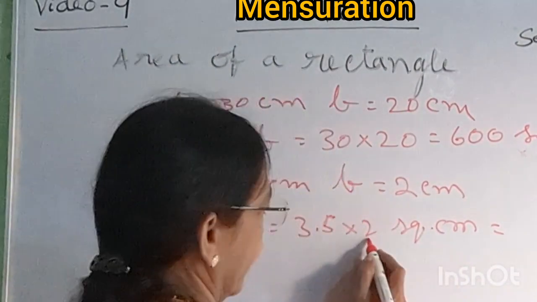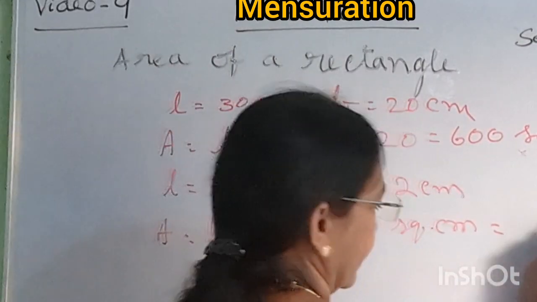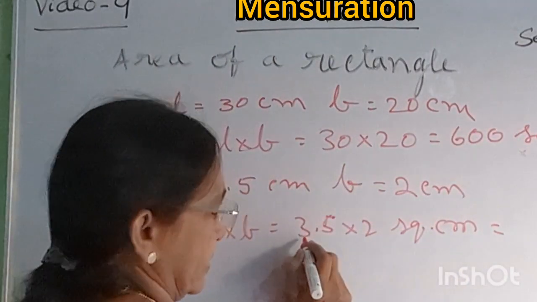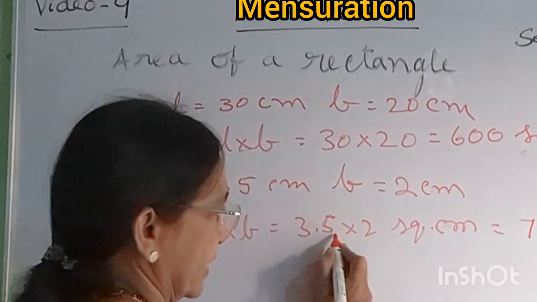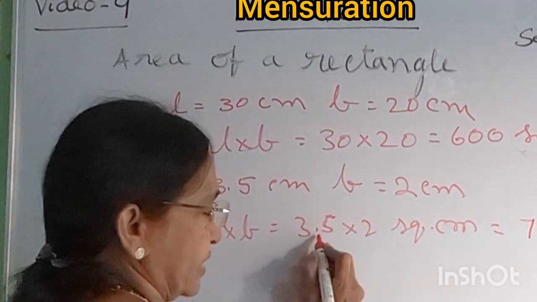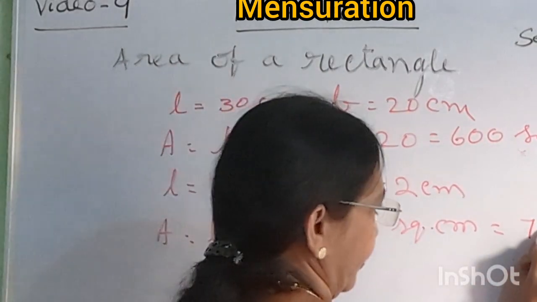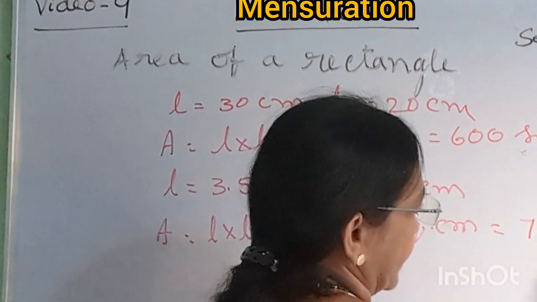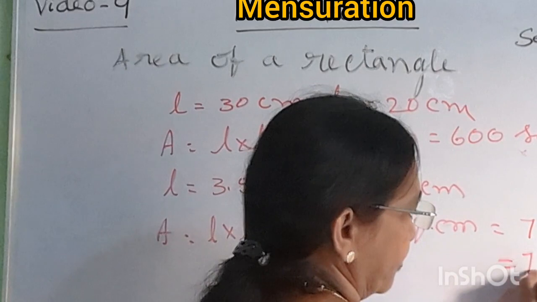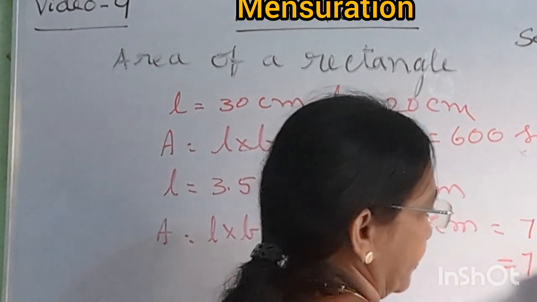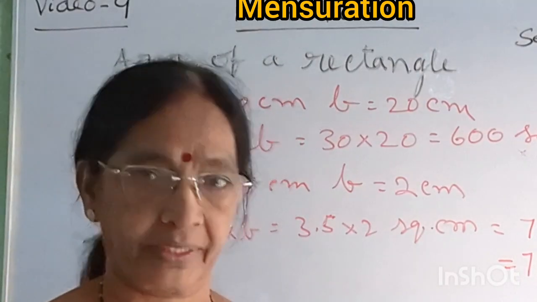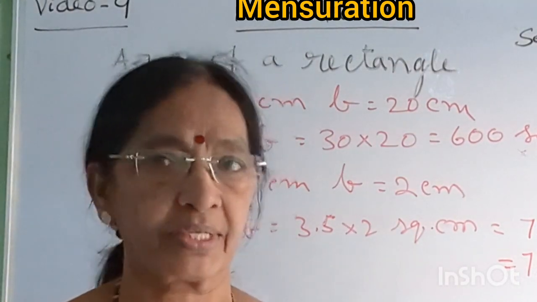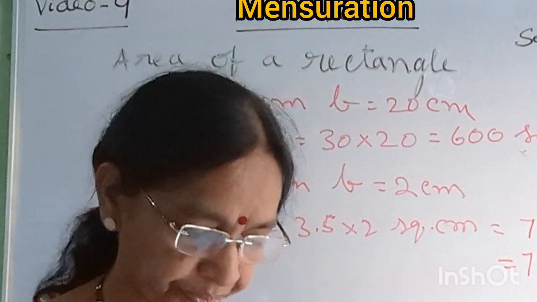Or you can multiply: 2 fives are 10, 1 is carried, 2 threes are 6, 6 plus 1 is 7. And the decimal point is one digit from right to left. Therefore we put square centimeter, or we can write simply 7 square centimeter. So the area of a rectangle is the product of its length and breadth.